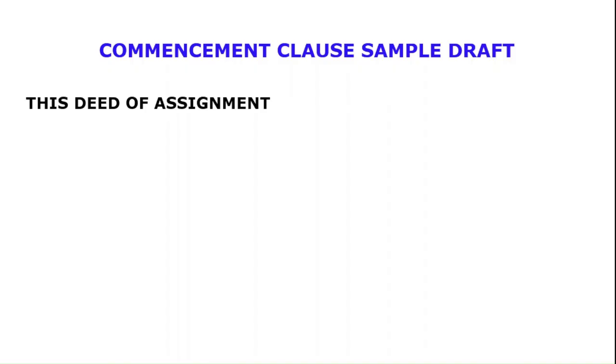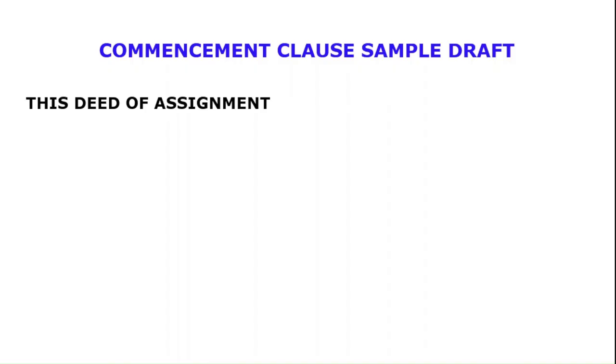The moment I see it, I know that the deed of assignment is a final document in a sale of land transaction. So you can see that it has directed me to knowing the transaction that this document is all about. If you draft it this way, then you are confident that you will get your full mark.